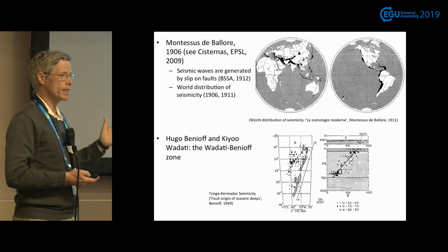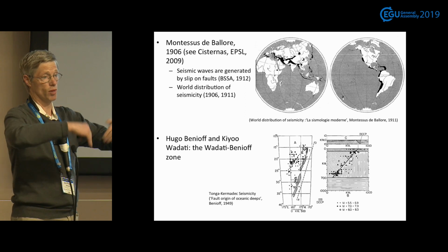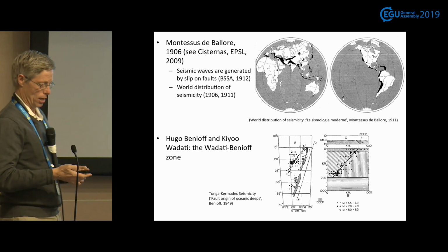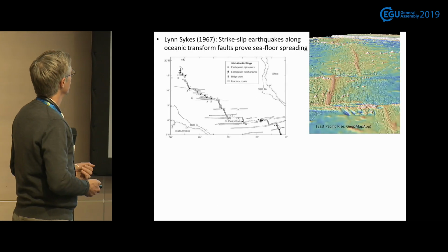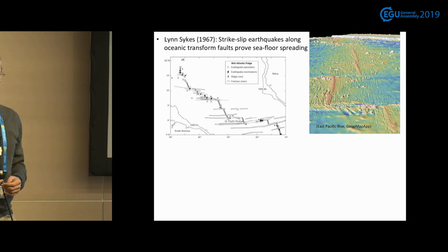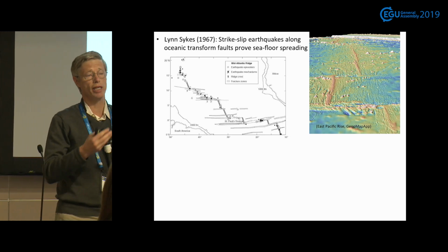It was understood already before the plate tectonic revolution that this must be related to ongoing movement in the deep earth. So seismicity contributed a key element to proving plate tectonics.